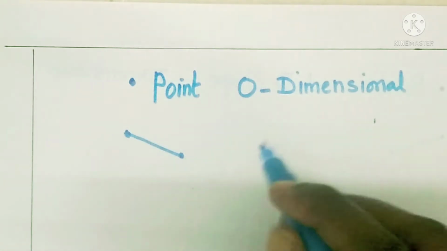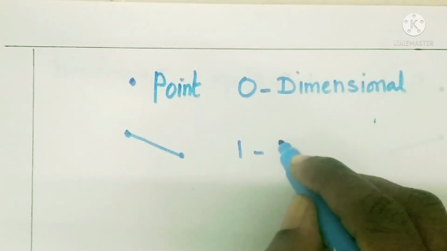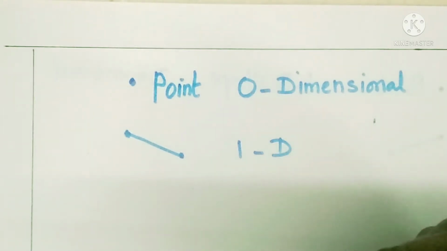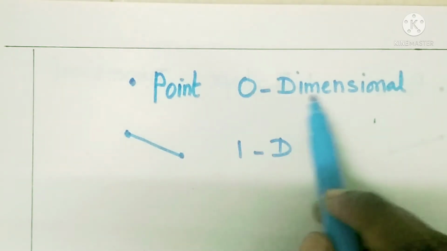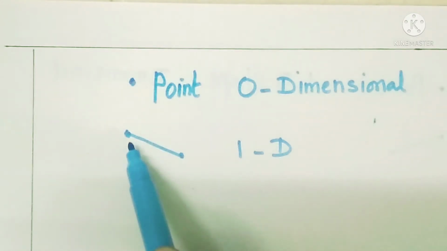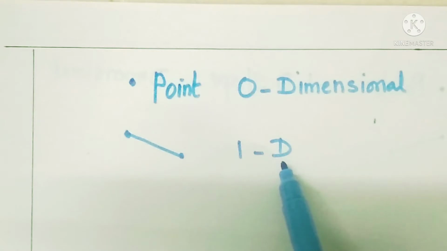So it has only one dimension. So usually dimension we write in short as D. You might have heard 1D, 2D, 3D, 4D like that. Okay. So that D stands for dimensional. Okay. So a line segment, ray, all these are one dimensional figures.